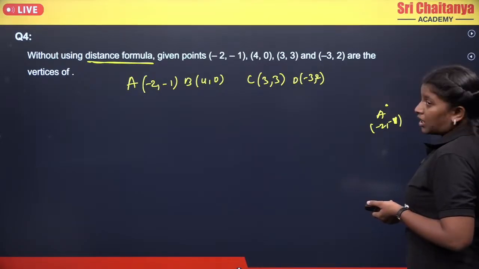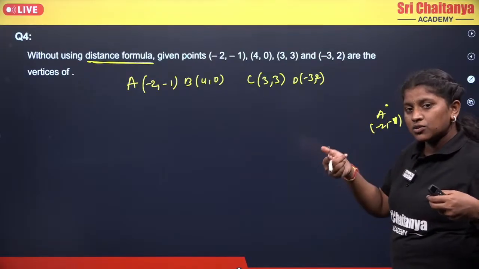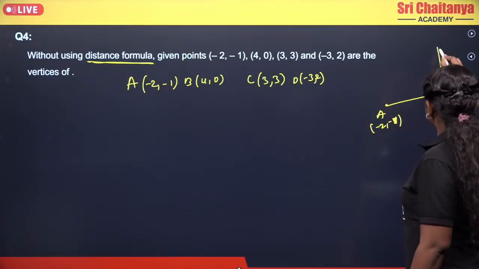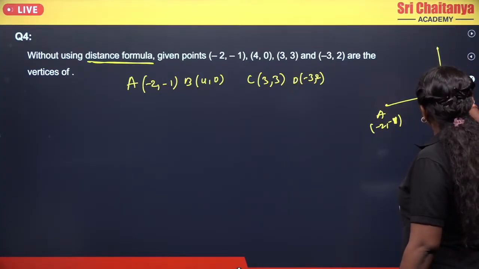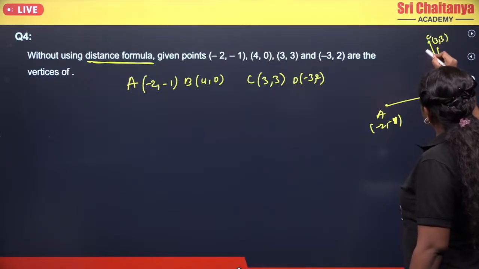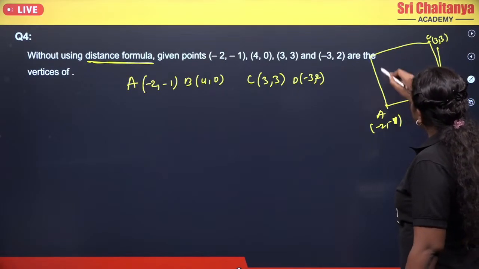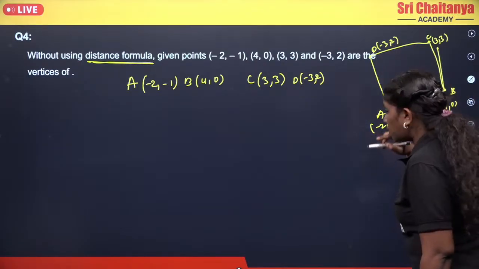Because the y coordinate is 0, it means that point B lies on the x axis. Now we take C, which is (3, 3), and from there we will be having D of (-3, 2).